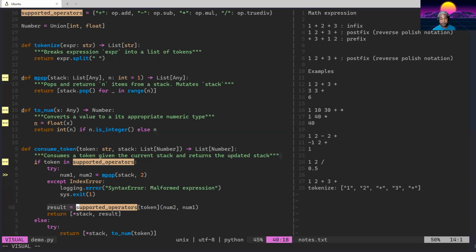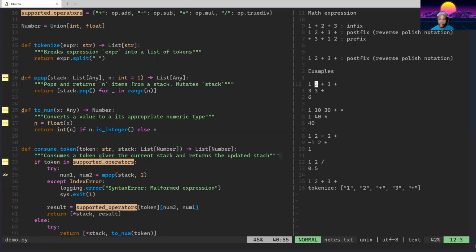Now, something to note here, and I think this is perhaps one area where some folks might encounter a little bit of trickiness, because we pop, so we have 1 and 2 here. We pop 2 off the stack, and that's encoded here as num1.